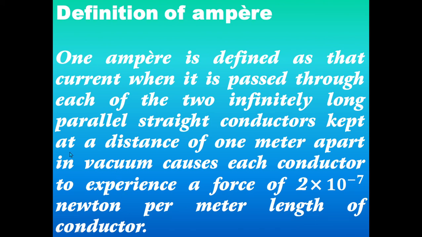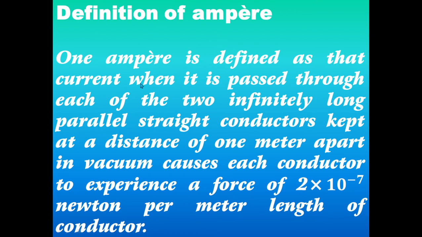So simply, when two parallel straight conductors are kept 1 meter apart, which is very important, in vacuum, each conductor experiences a force, maybe attractive or repulsive, of 2 into 10 power minus 7 Newton per meter length of the conductor. This is the definition of ampere. Very important.